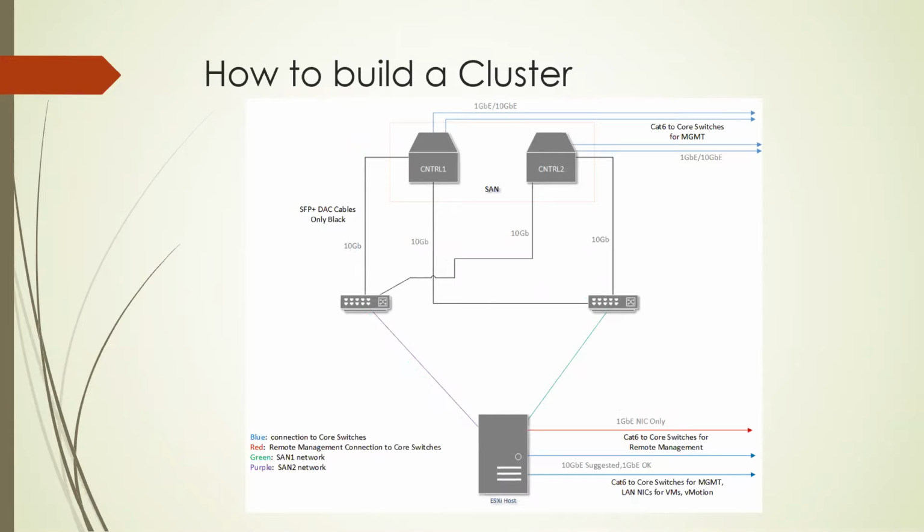So then on our host, we could have a dedicated remote management, and in this scenario here, we did. You can load balance it and share it with your VMs if you want, depending on how much traffic you have. But we have at least one dedicated management, and preferably some sort of failover, because if you lose management to your host, obviously you can't manage it.